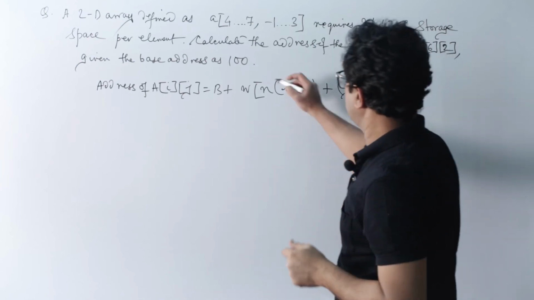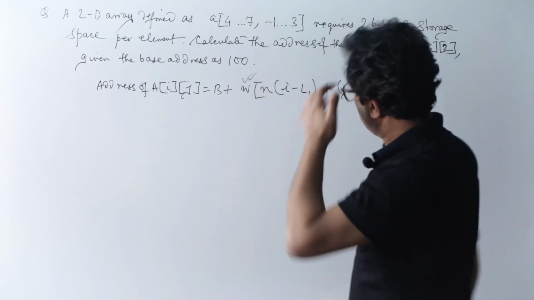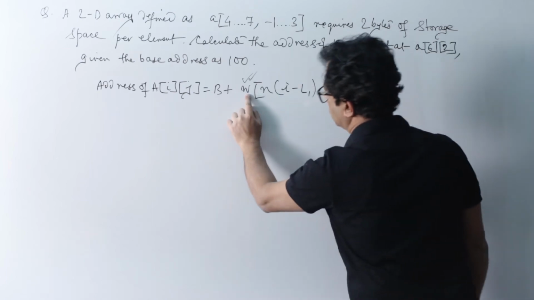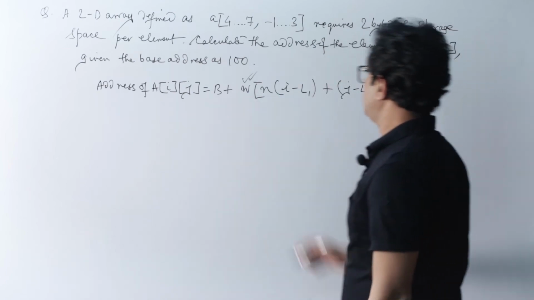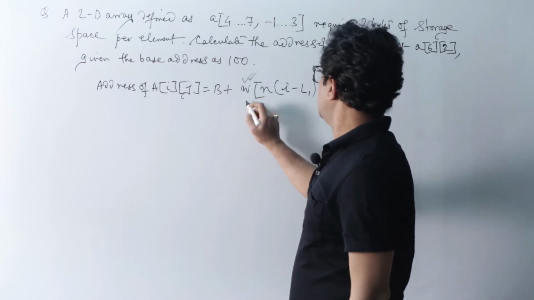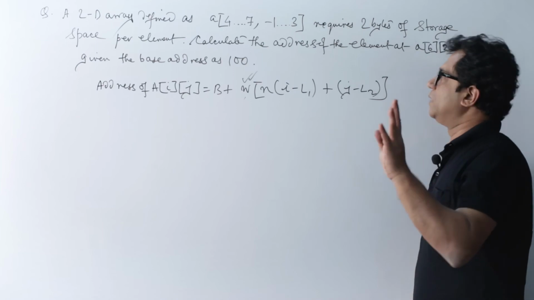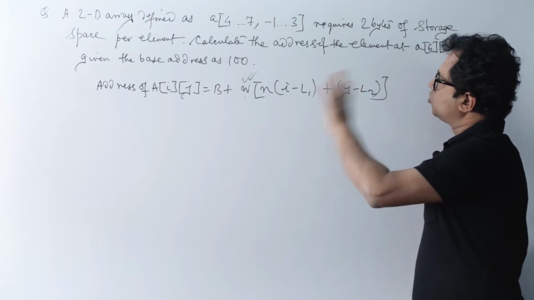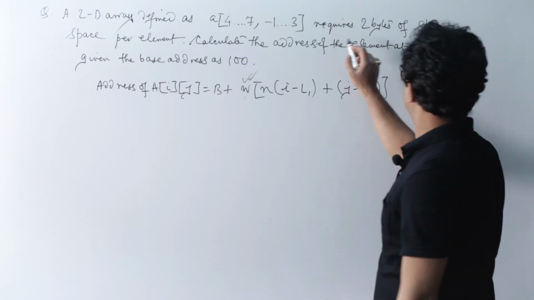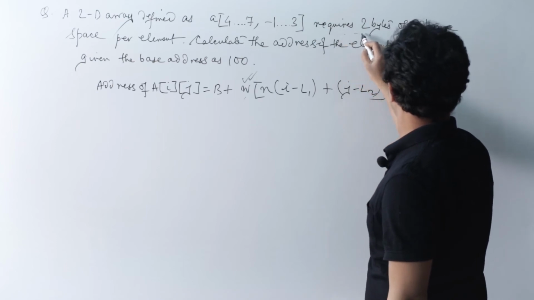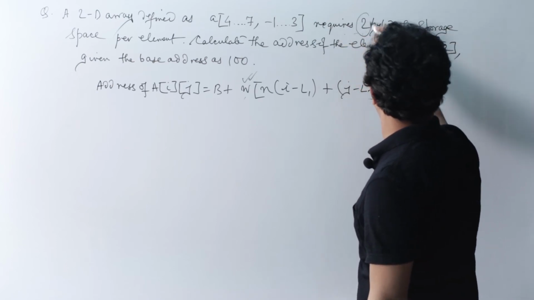So in order to find this out, what is this w? I forgot to mention the w parameter in the previous step. This w is nothing but the number of bytes occupied by one element of the two-dimensional array. In this sum, the value of w will be 2 bytes.